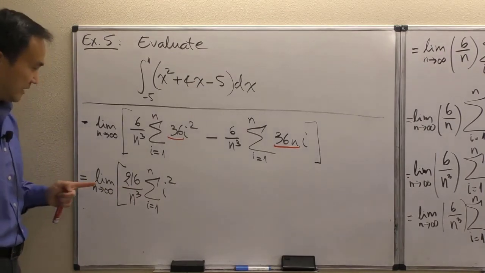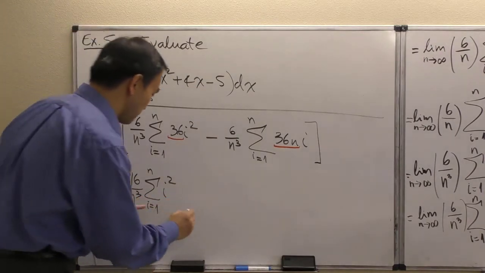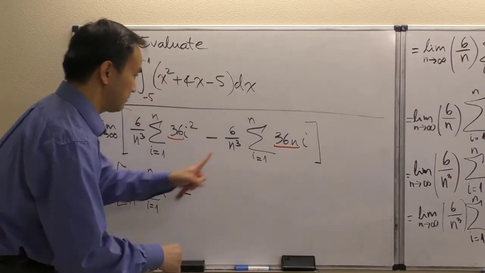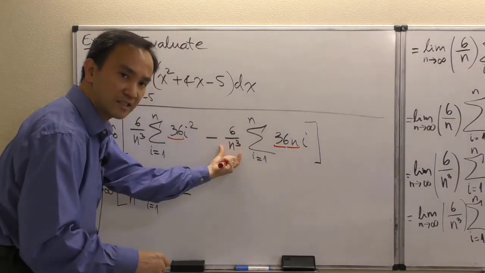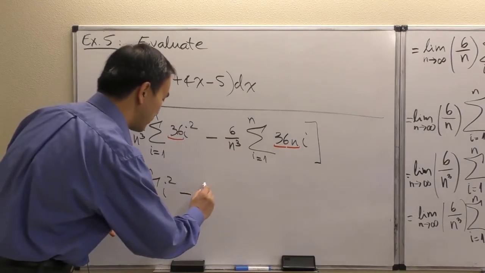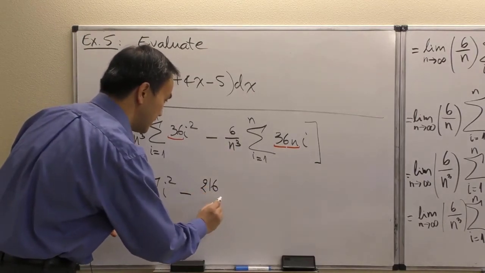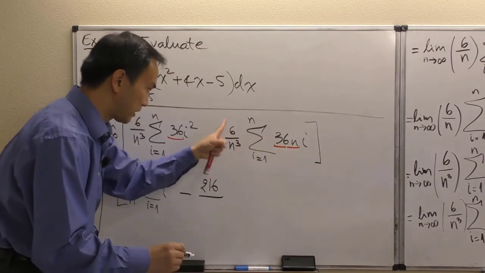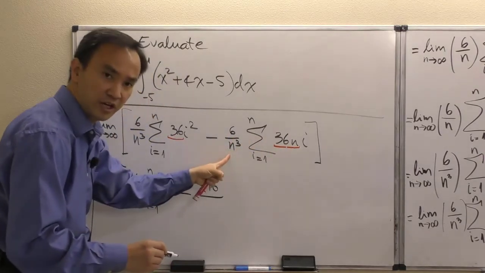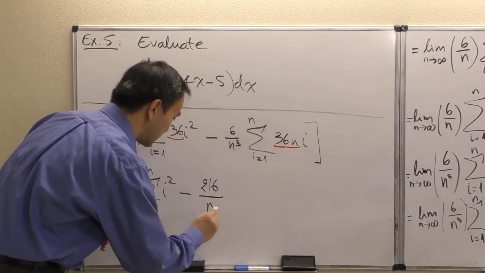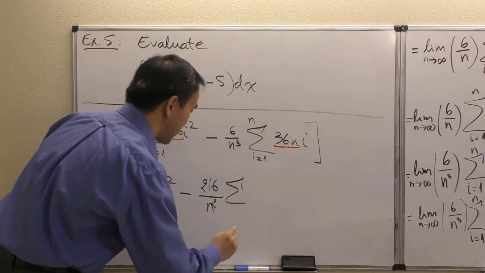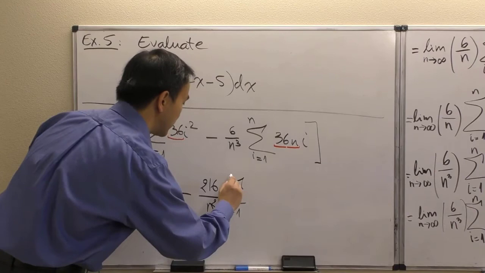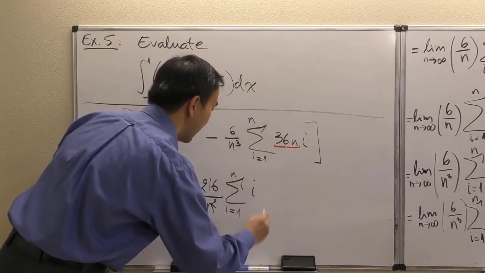For my next term, 36n I'm going to pull out completely and multiply together with that 6 over n cubed. That gives me again 216, but as we multiply n with this, it cancels the n with the n cubed, so we end up with 216 over n squared, multiplied with the summation from 1 to n on just the i term.